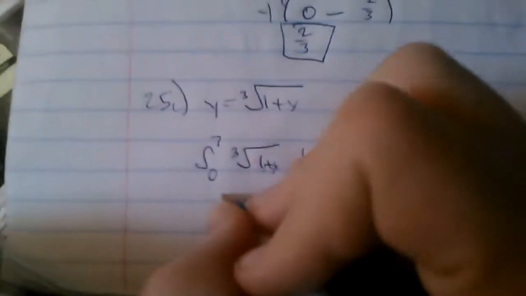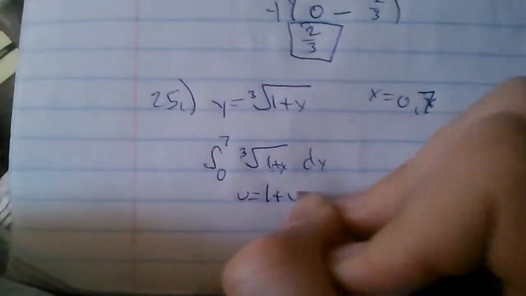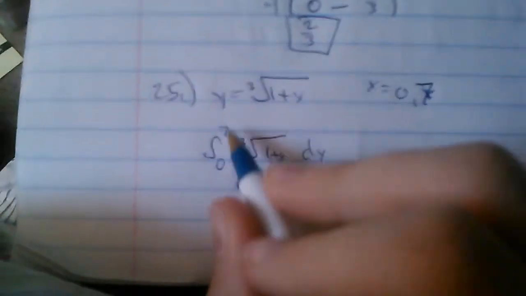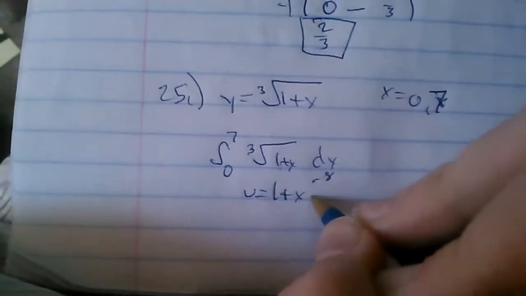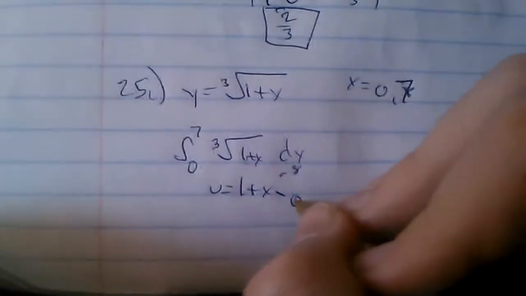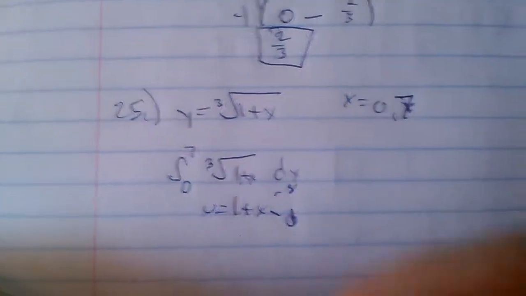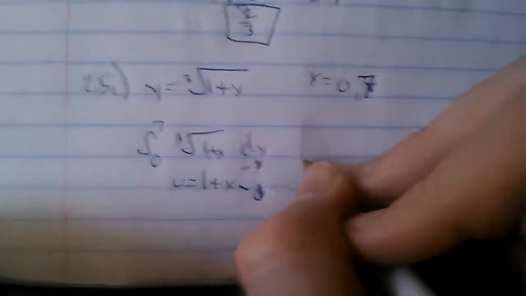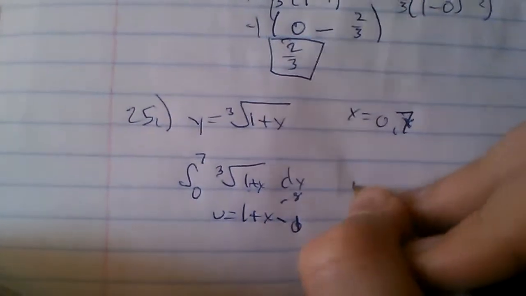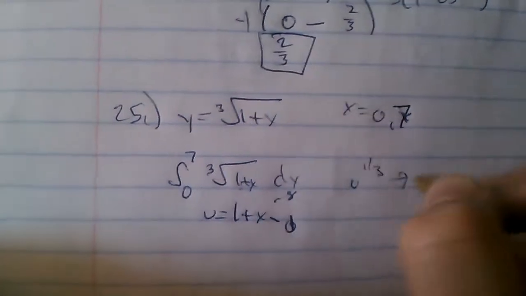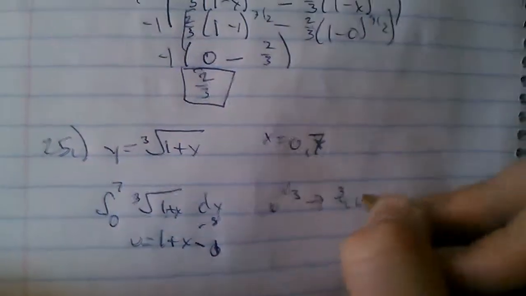The shortcut dictates that we find u, which is 1 plus x. Then we plug each of the limits in. So this is 8, and this is 1, since 1 plus 0 is 1. Then we integrate. We have u to the 1/3, which becomes 3/4 u to the 4/3.